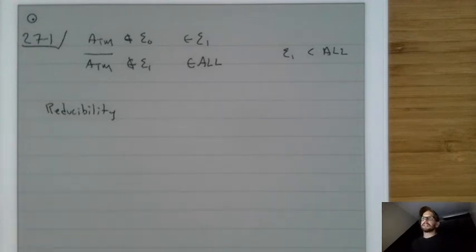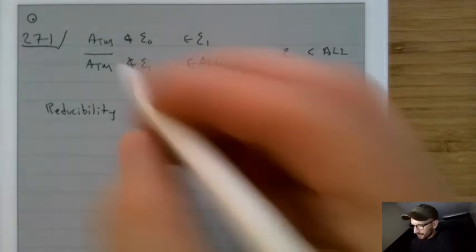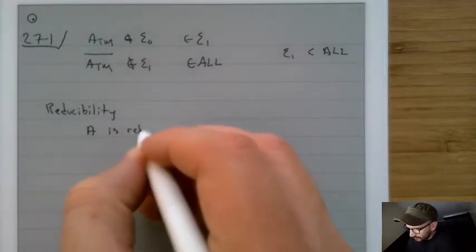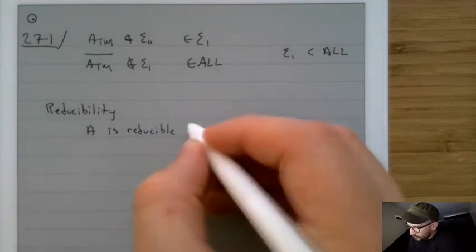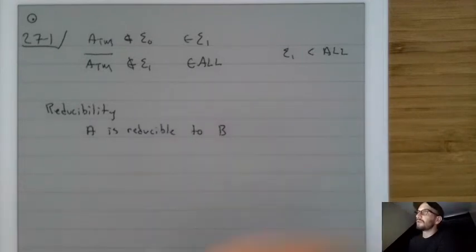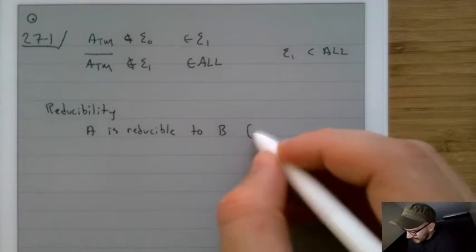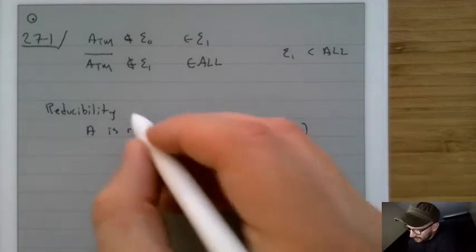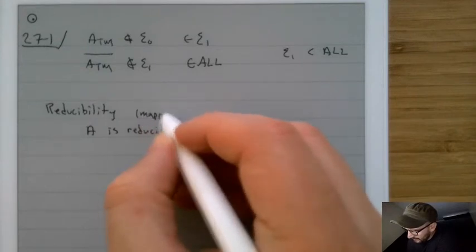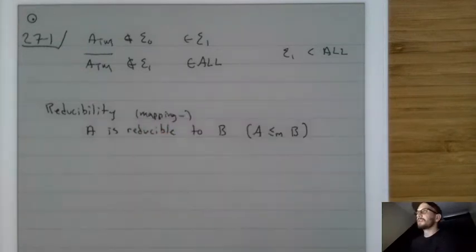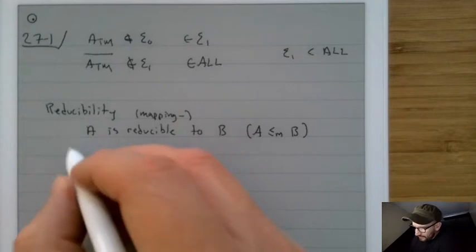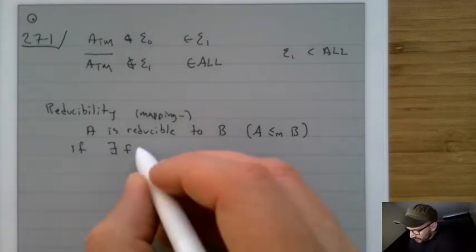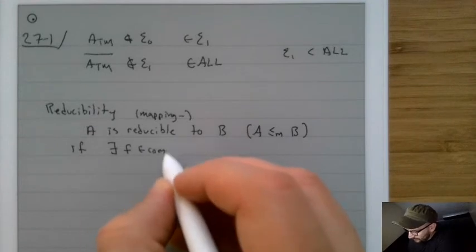So reducibility is the following idea. We say that A is reducible to B, which we write as A ≤m B. The m stands for mapping. A is mapping reducible to B if there exists an f which is a computable function.